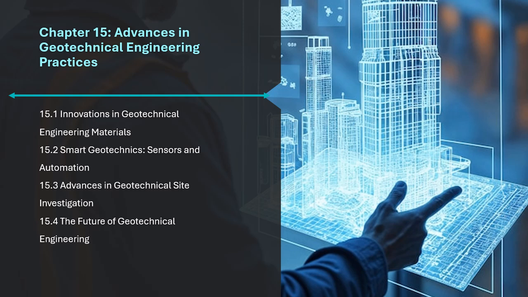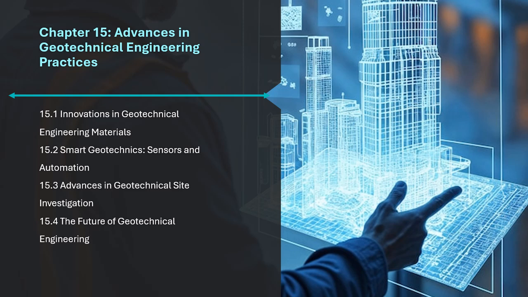Machine learning for soil behavior modeling. Machine learning algorithms are becoming increasingly popular in geotechnical engineering for modeling soil behavior. These algorithms can analyze large datasets of soil properties and performance to identify patterns and predict how soils will behave under various conditions.